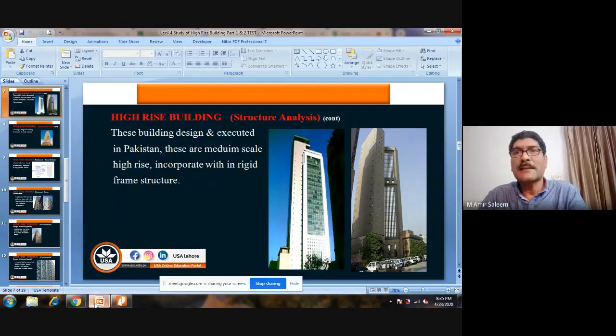Simply, we make a rigid frame, as I discussed. We increase the size of the columns, the raft, the foundations, and many other aspects. So we make the rigid frame with structural gaps. These are two buildings shown in the slide, basically rigid frame structures.